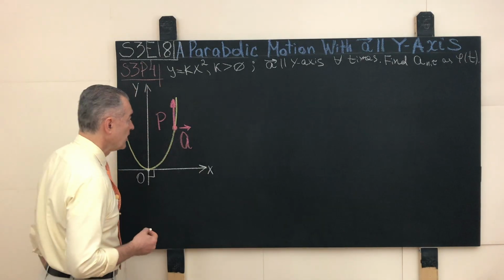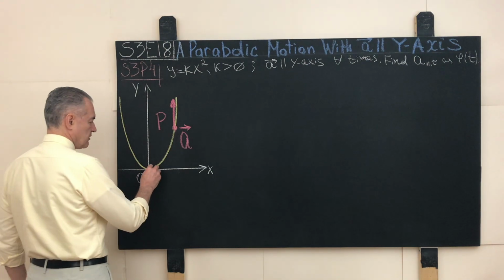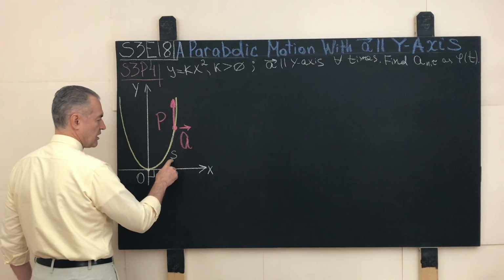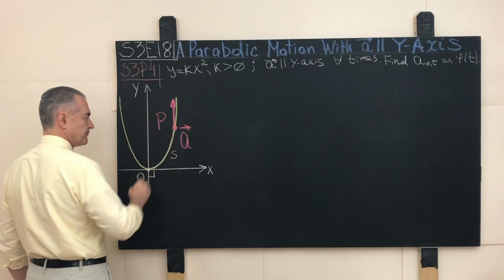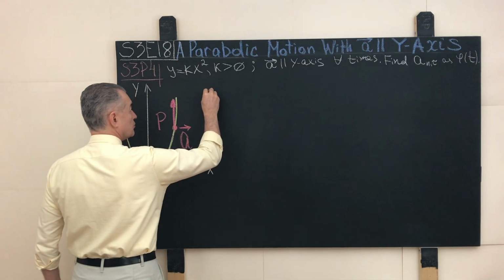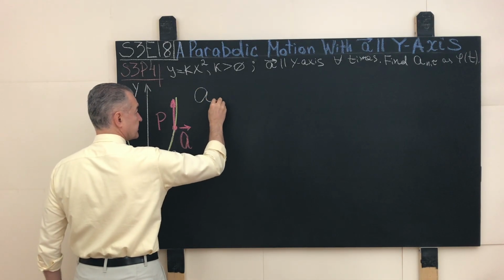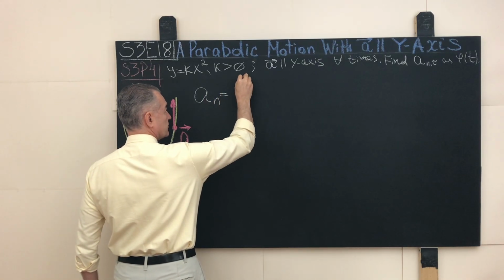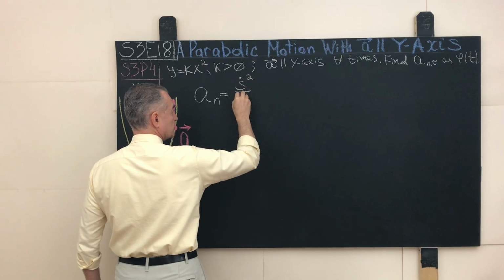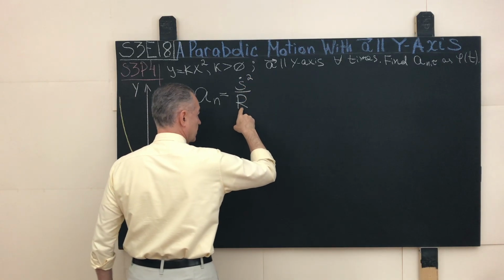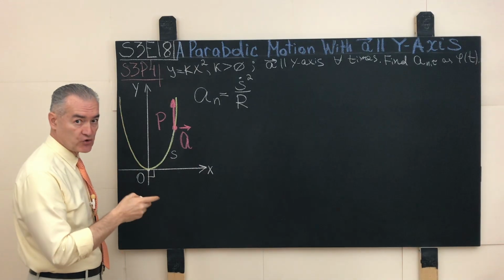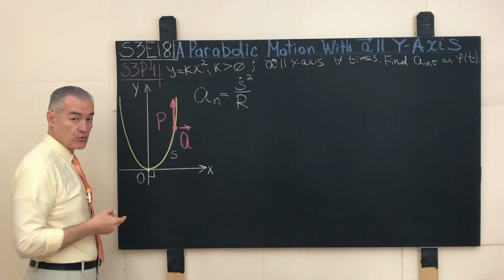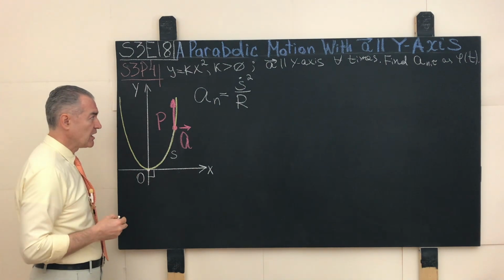And in this case, in terms of the parameter S, which is the arc length traveled by the point so far, you're expected to know that the normal acceleration, which I'll designate with a_n, is equal to the square of the velocity divided by R, where R is the radius of curvature of the given curve or of the given shape of trajectory where the point is at that moment.